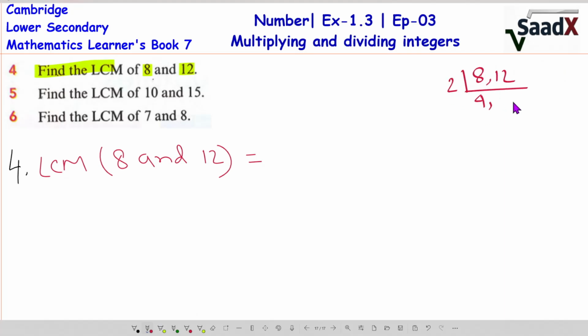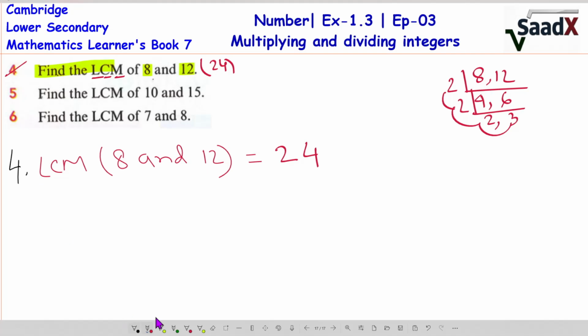So here is 4, here is 6, again divide by 2, here is 2, and here is 3. So LCM means least common multiple. So 2 times 2 is 4, 4 times 2 is 8, 8 times 3 is 24. So LCM of 8 and 12 is 24. Okay, so here answer 24.